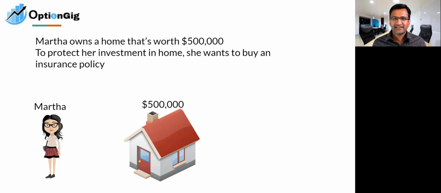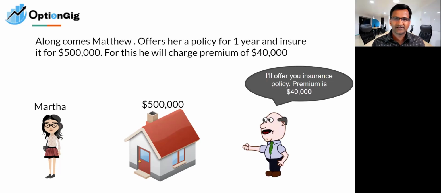To protect her investment in her home, she wants to buy an insurance policy because she thinks the house could get damaged in snow, in hurricane, in flood. So Matthew comes along and offers her a policy for 1 year and insures the house for $500,000.